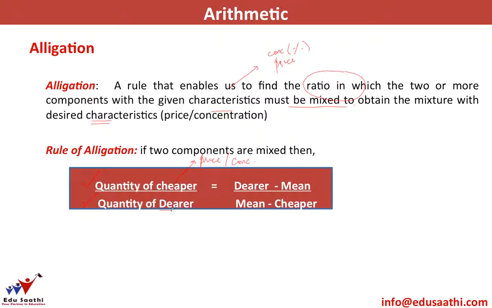Over quantity of dearer, again, dearer means the thing which is higher in price or has a higher concentration, is equal to dearer minus mean over mean minus cheaper. Now here this is the characteristic which could be the concentration or the price.